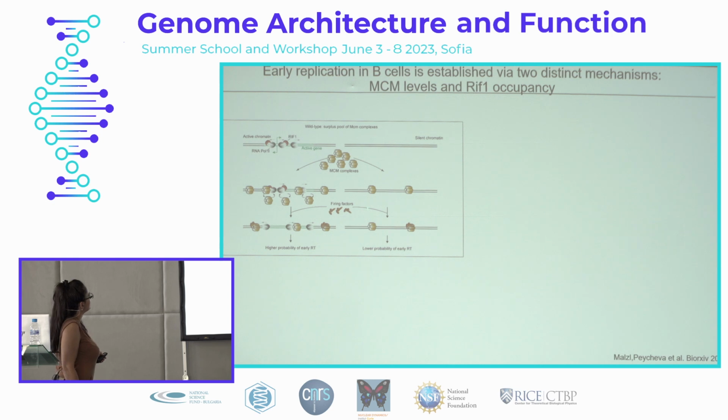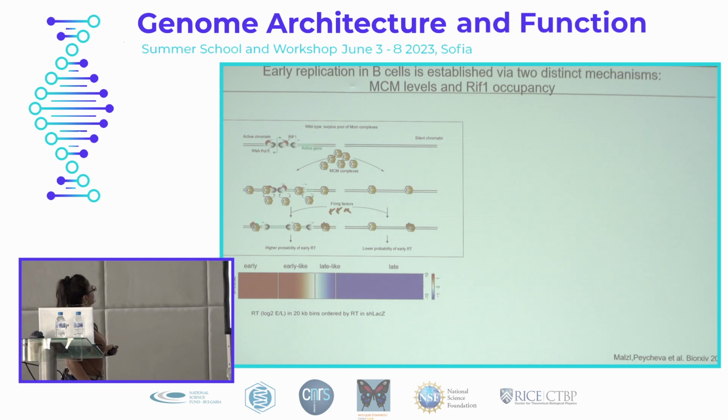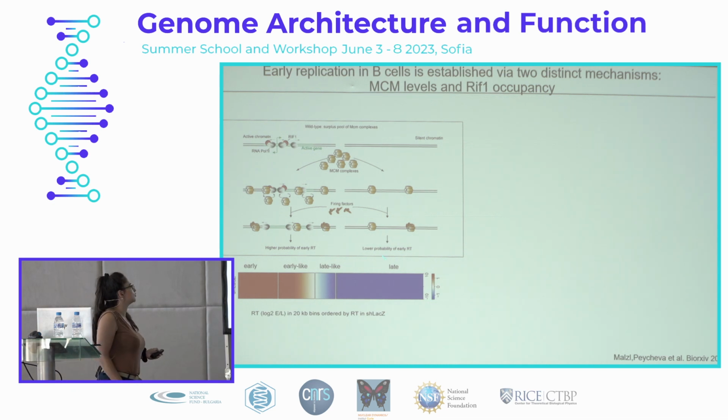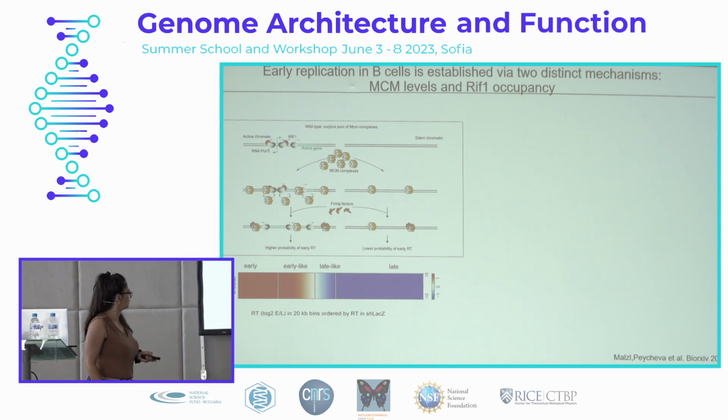And in the silent chromatin, we have fewer MCM molecules binding and no RIF1 binding, and this confers a lower probability of firing of these regions, and that's why they replicate later in S phase. If we split the genome into bins based on replication timing, the early replicating regions represent the regions where we have RIF1 binding and MCM loading, and the late regions would be the regions with no RIF1 binding, and we speculate less loading of MCM molecules.